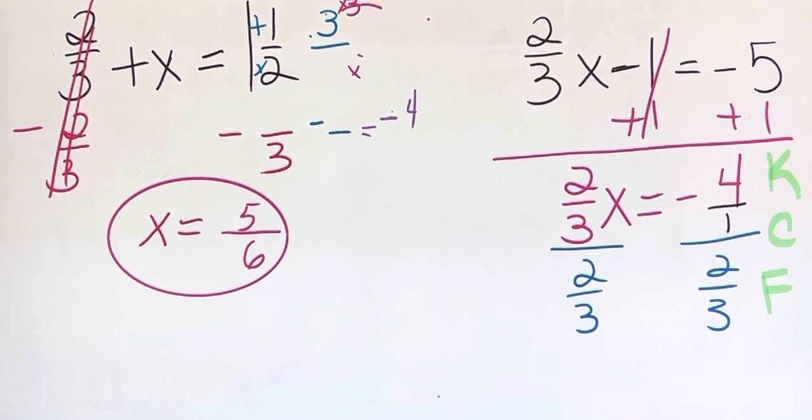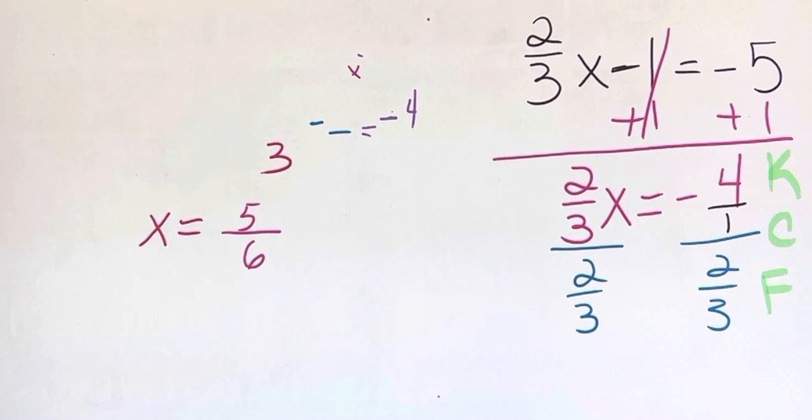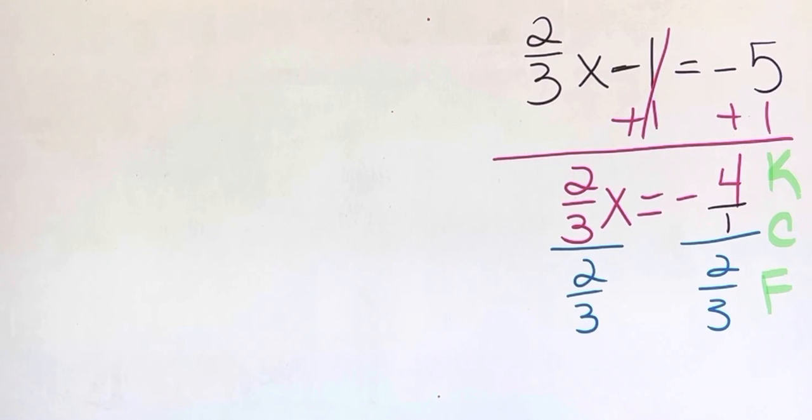So I'm going to get rid of this over here. I'm going to do a little work on the side. I'm going to do this division. So I have the keep part. Keep the -4 over 1. The change is the division sign. We're going to change division to multiplication. I'll represent it by this dot.